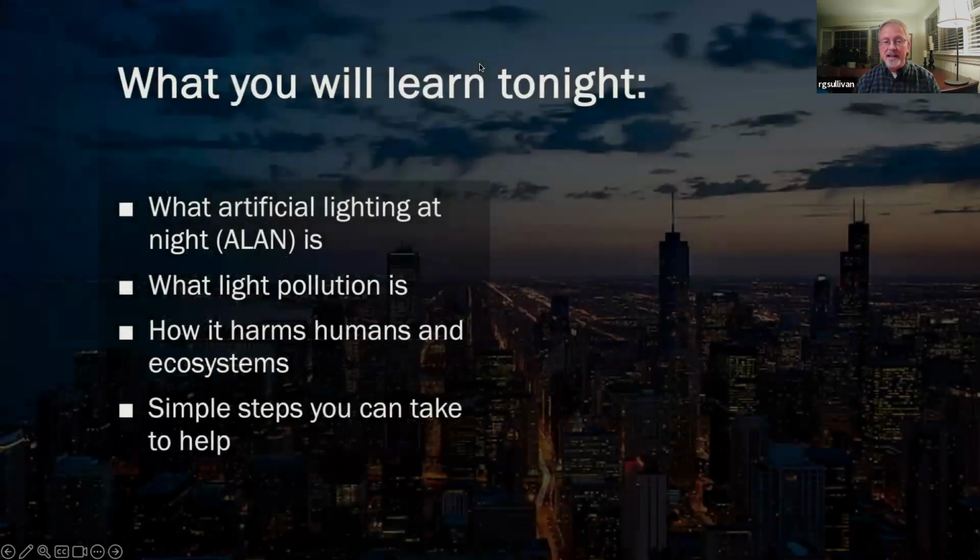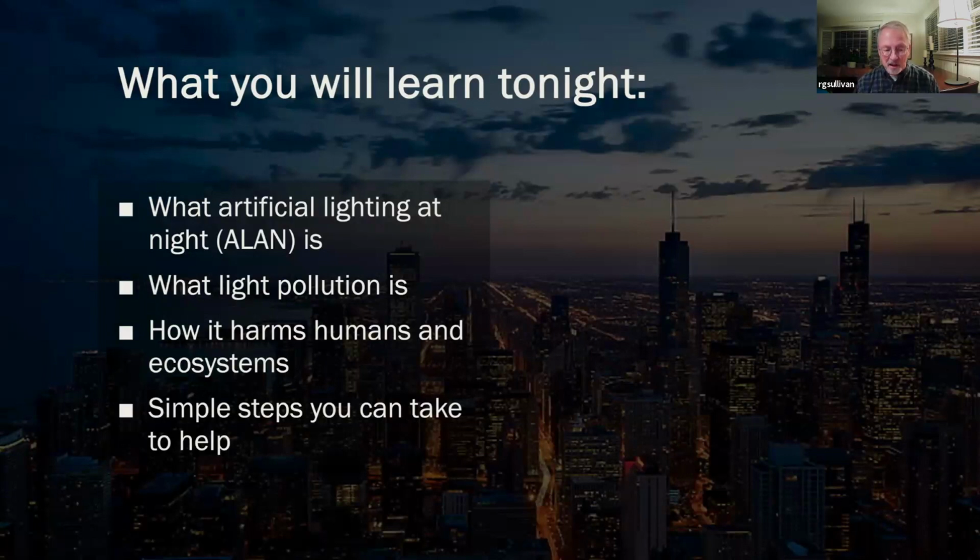So what I am hoping you will come out of this presentation understanding is what the term artificial lighting at night means. You'll hear me use the term ALAN constantly. That is artificial lighting at night.